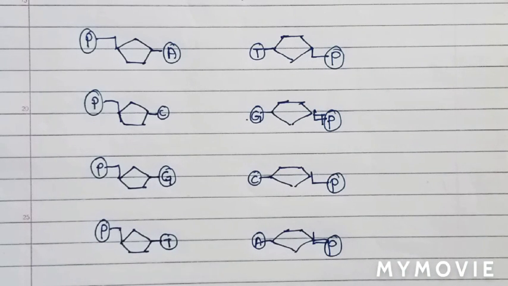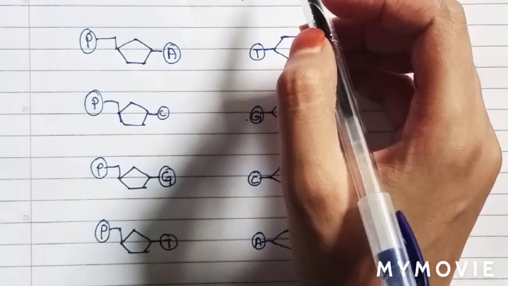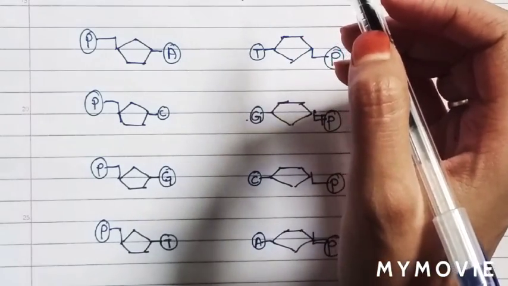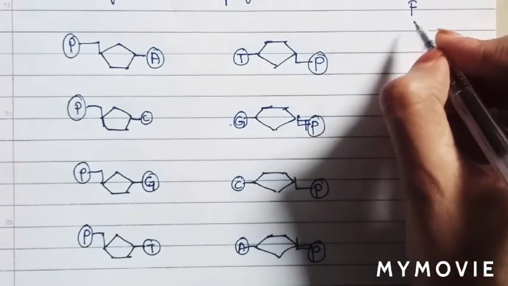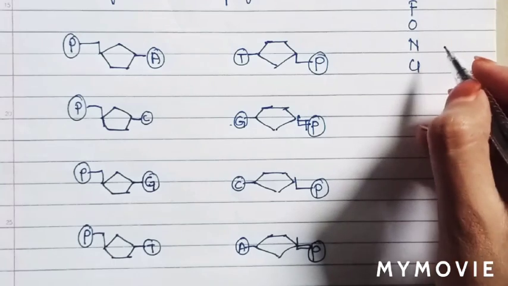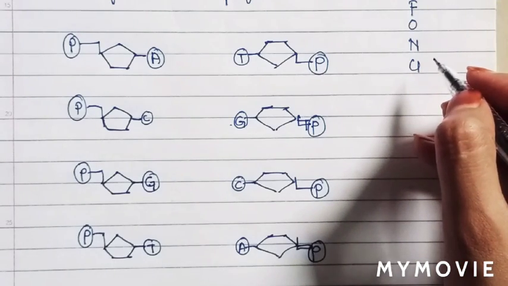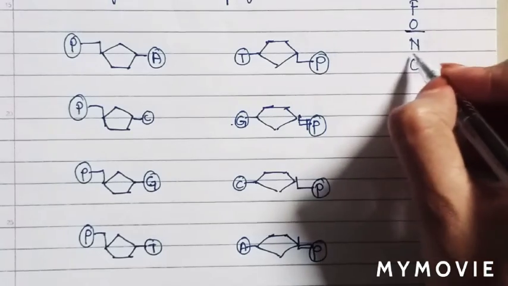Now, how are hydrogen bonds formed? Hydrogen bonds are formed by a weak attraction force where electronegative elements are present. Electronegative elements are fluorine, oxygen, nitrogen and chlorine. But here we have just oxygen and nitrogen.